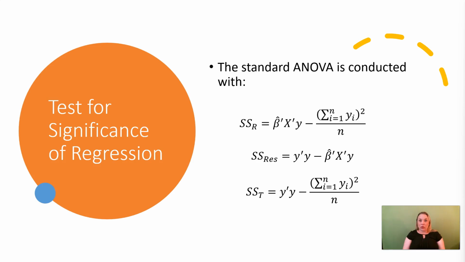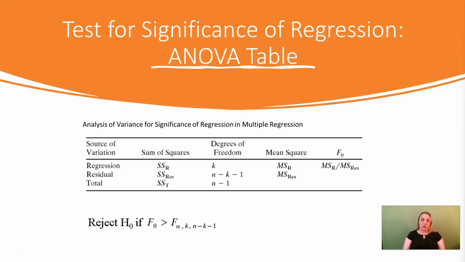When we keep working with that standard ANOVA, here are some more calculations of how we can get the sum of squares regression and sum of squares residual, as well as our sum of squares total. But the whole purpose of doing all these sum of squares calculations is to ultimately get your F statistic.